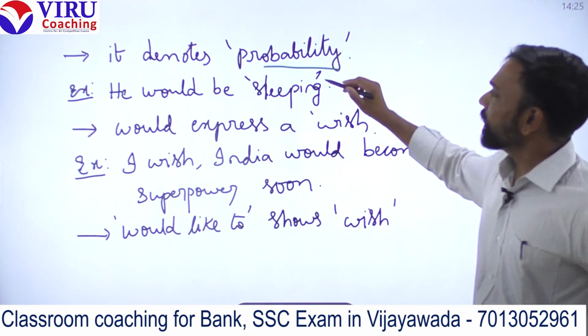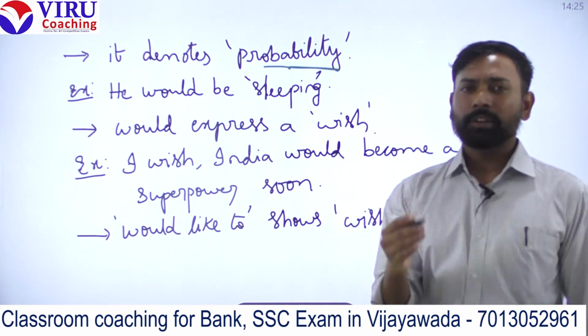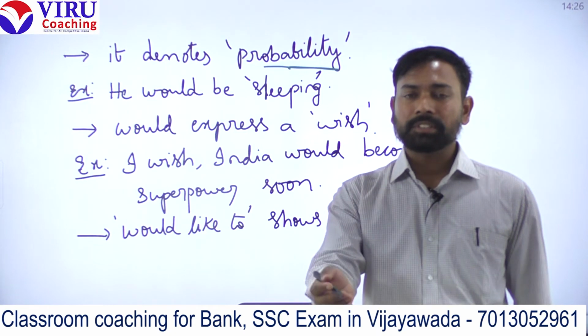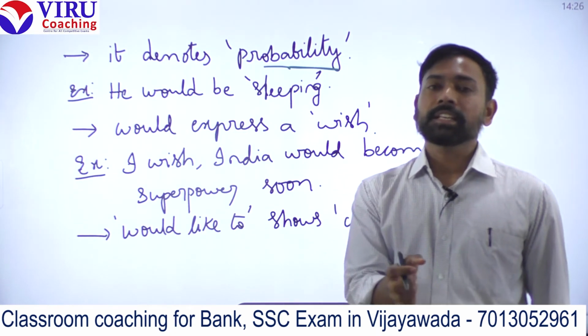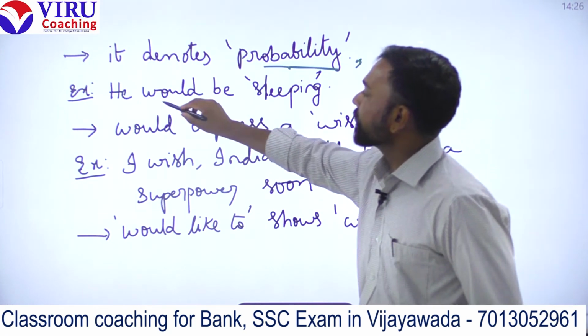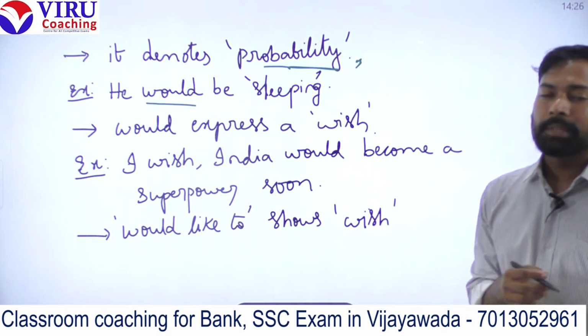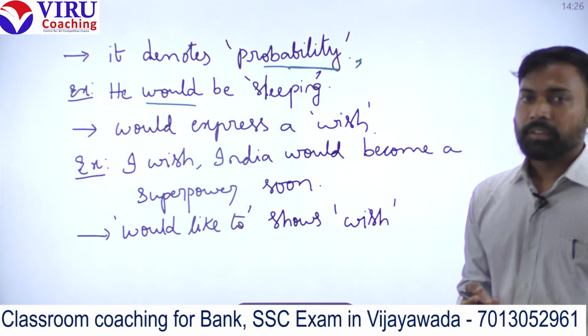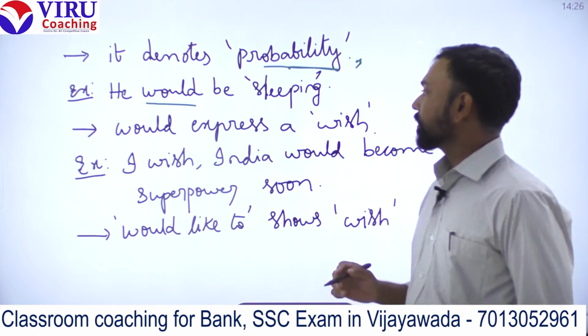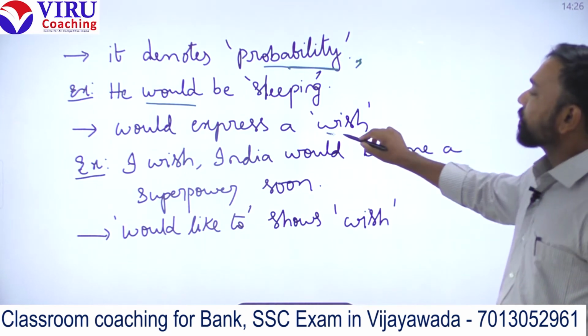So it denotes probability, that you're guessing that somebody is doing something or some work. For probability conditions, would is used. He would be sleeping. He would be cycling. He would be driving a car.